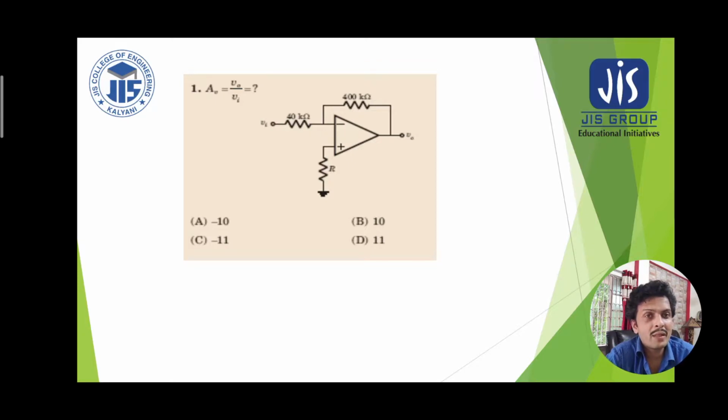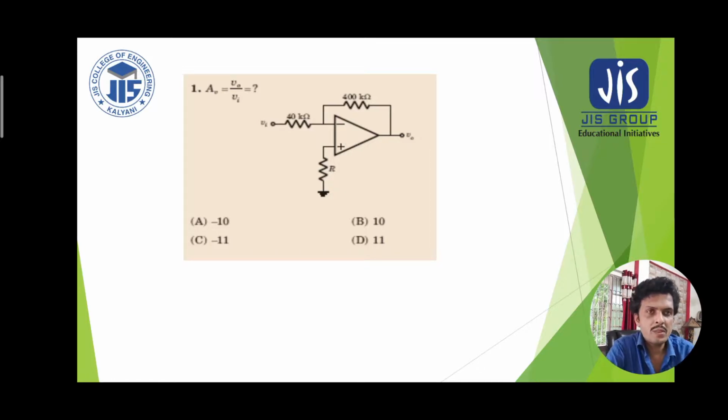Therefore, the amount of current flowing through 40 kilo ohm is nothing but (Vi minus 0) divided by 40. And similarly, the current flowing through 400 kilo ohm is (V0 minus 0) divided by 400. So in this way, we get two current equations. If we take their summation according to Kirchhoff's current law, it will be equal to 0.